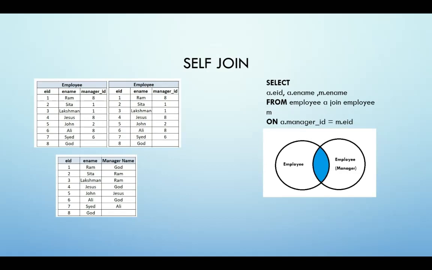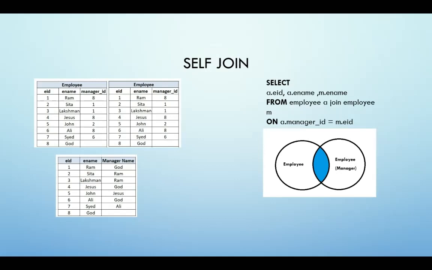Now for what set of requirements will you use self join? Normally when you are working on project requirements, they will ask you to give information about an employee and its related manager. A manager is also an employee in the company. You will not have a separate manager table to retrieve the manager level information.